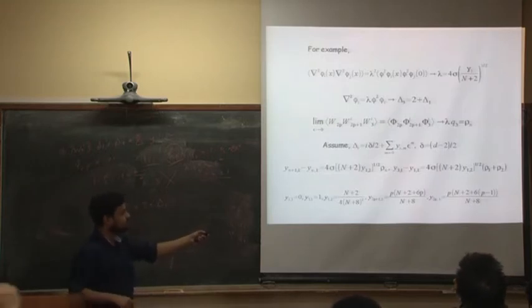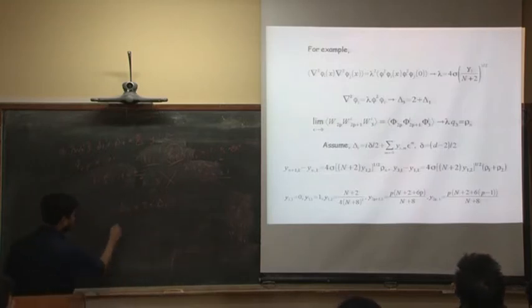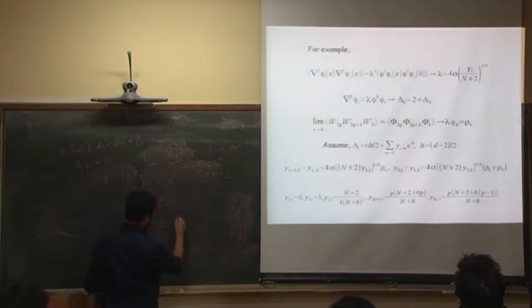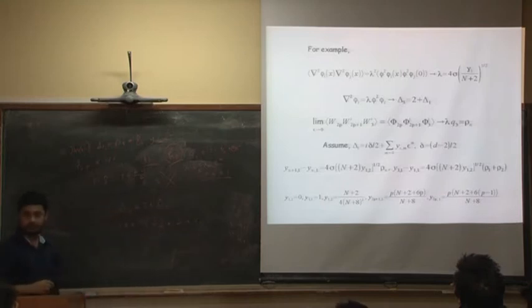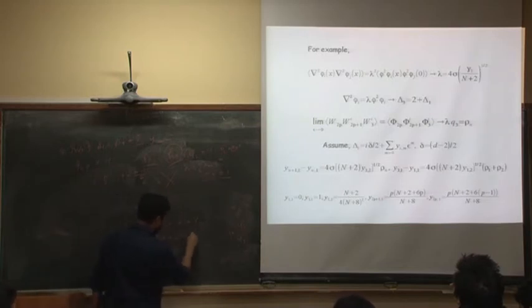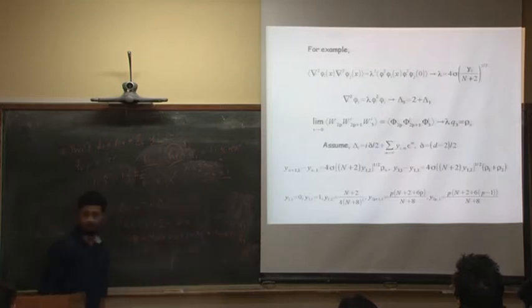So I use this equation, right? That is 3 delta plus gamma 3 equal to 2 plus delta plus gamma 1. So 3 delta is 3 minus 3 epsilon by 2 plus y3,1 times epsilon, equal to 2 plus 1 minus epsilon by 2 plus y1,1 times epsilon.